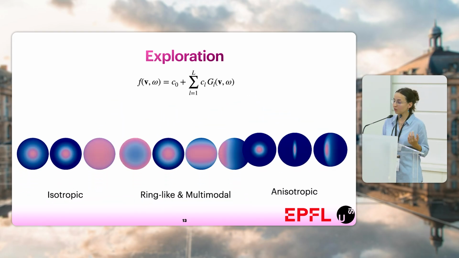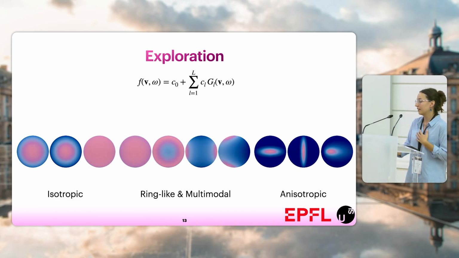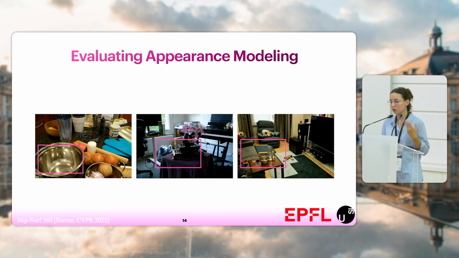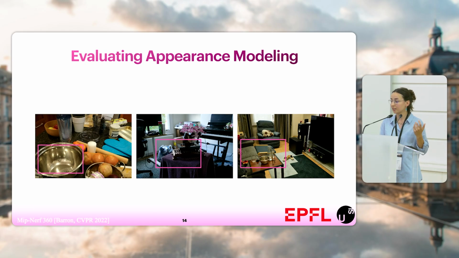So overall, we collected 10 different kernels from directional statistics and graphics, and now we want to evaluate them as candidate appearance models for novel view synthesis. Our objective was to assess the practical ability of the kernels to model view-dependent appearance, since real-world scenes contain more complex lighting interactions than synthetic setups.